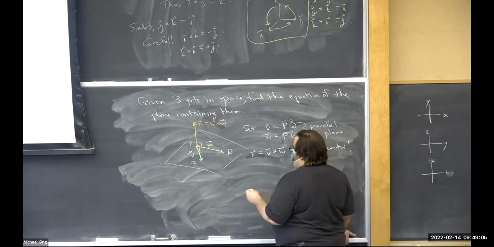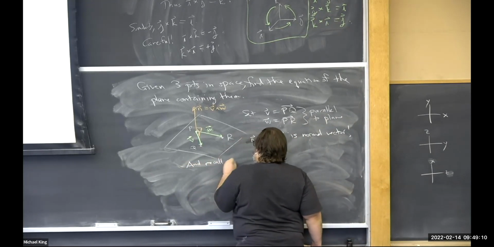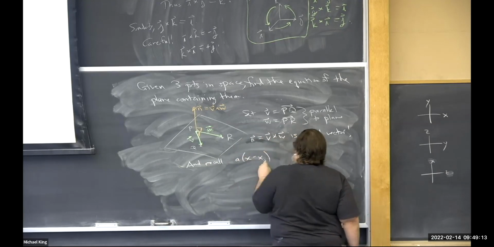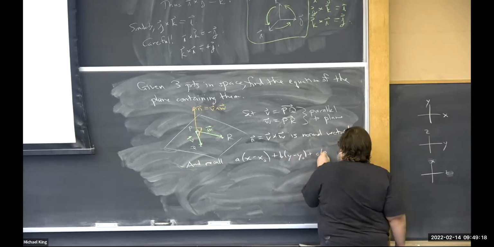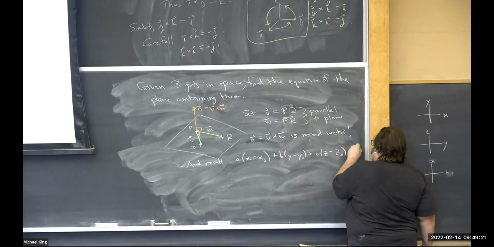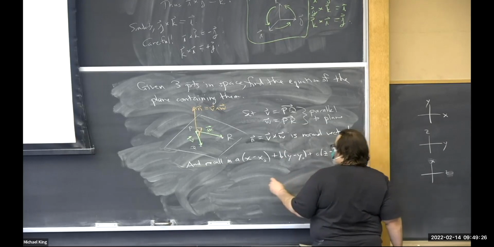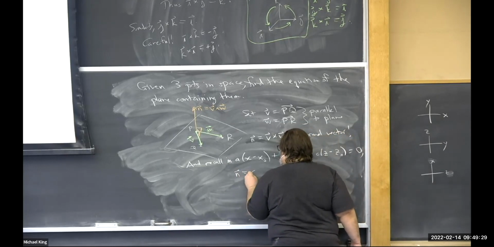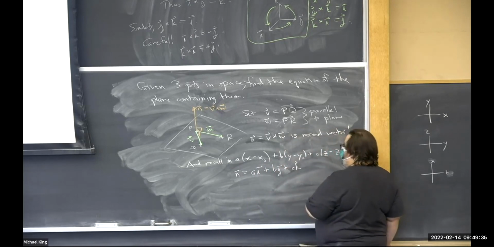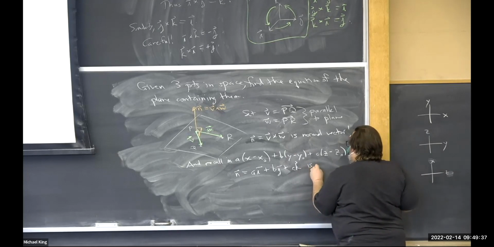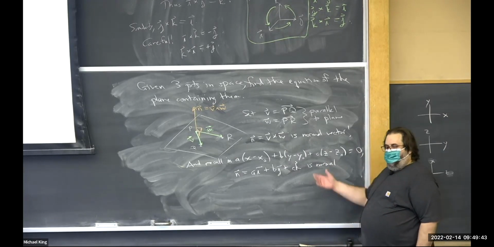And just recall, in the plane equation, A times (X minus X naught) plus B times (Y minus Y naught) plus C times (Z minus Z naught) equals 0, the coefficients of X, Y, and Z make your normal vector N. So that means if we can find a normal vector, we can write down the equation of the plane.